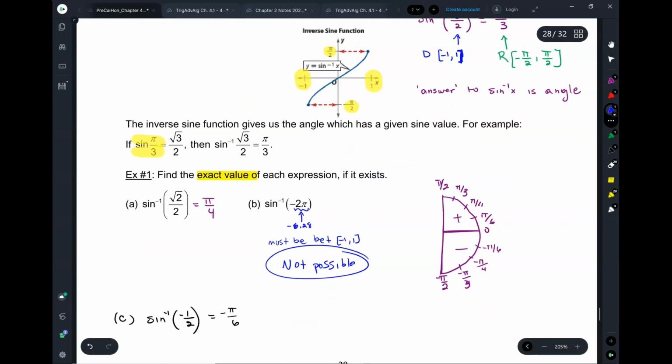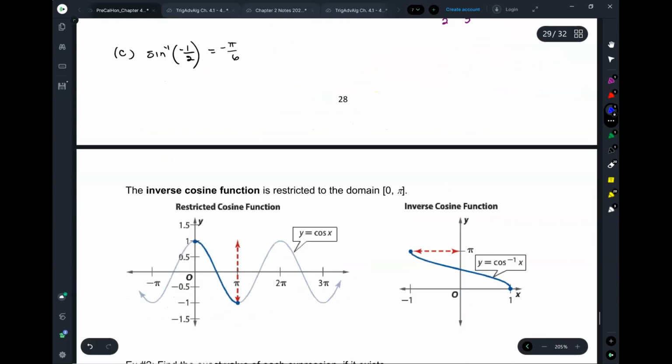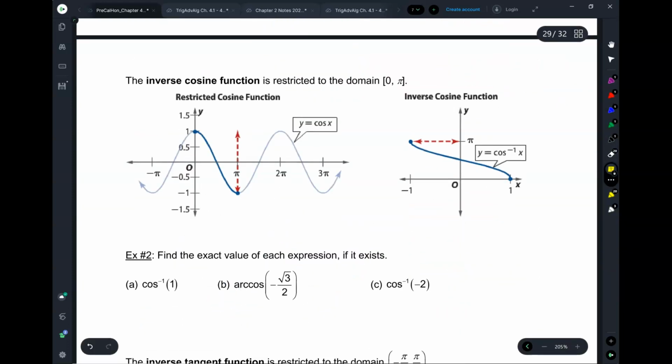Okay, so now let's move on to the cosine function. Same way, you have to restrict the function for the cosine. You see how for the cosine, it can't be from negative pi/2 to pi/2, because that wouldn't pass the horizontal line test either. So for cosine, my restricted domain is from 0 to pi.